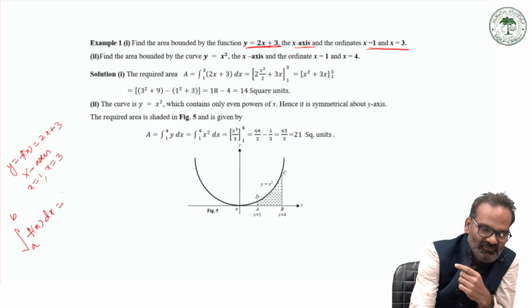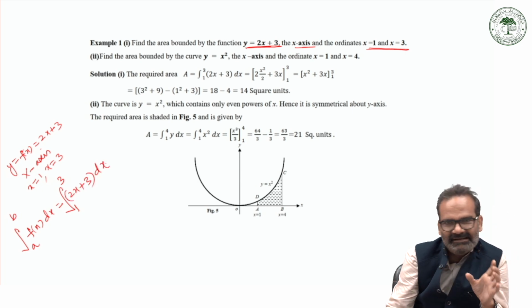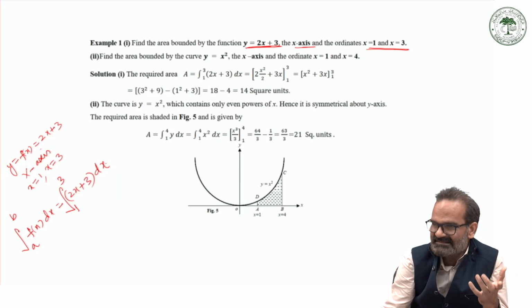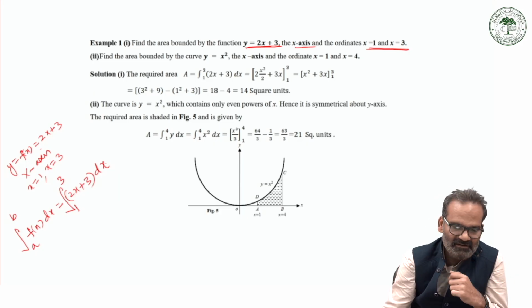And what are the limits? a to b is from 1 to 3. f(x) is 2x plus 3, dx. Simply integrate the function 2x plus 3 dx and substitute these limits. Simplify it. What you will get will be considered as the area of the given figure.